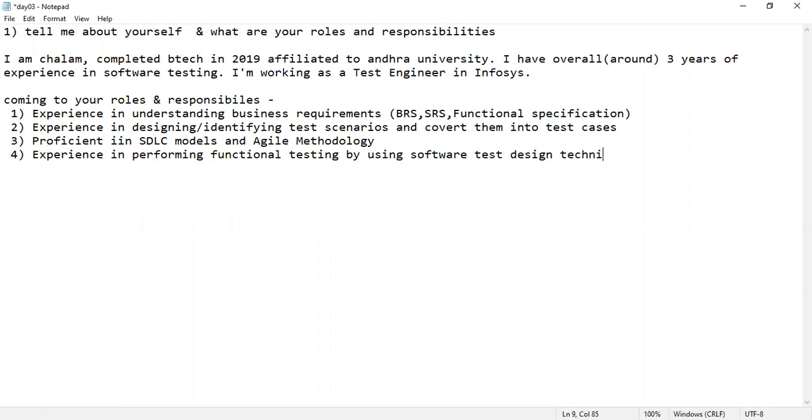Yesterday we saw the software test design techniques, Day 2. By using these techniques, we will be creating test cases. That is what we have included here: experience in performing functional testing by using software test design techniques.